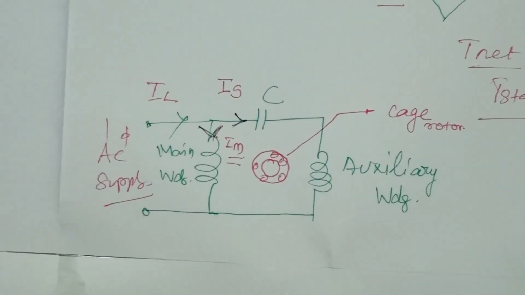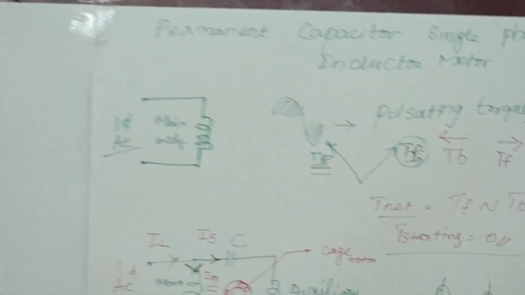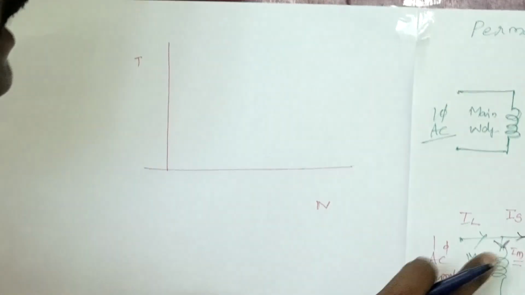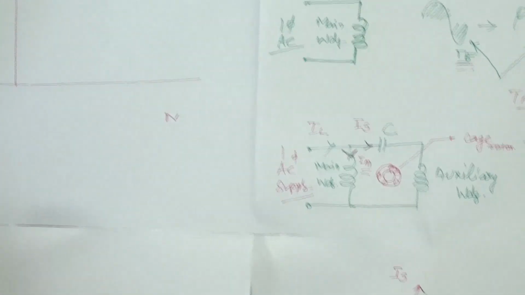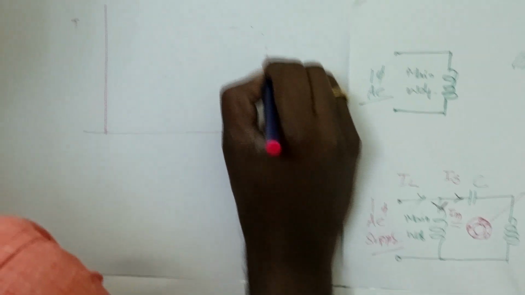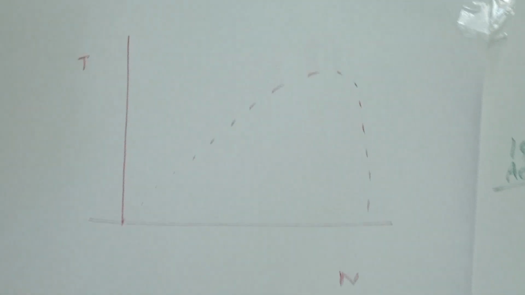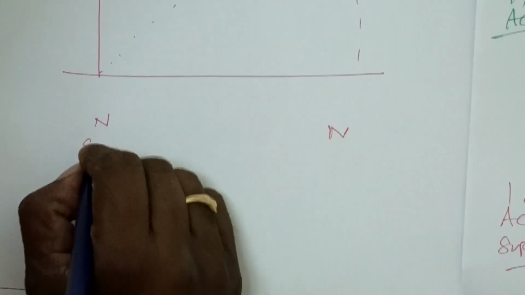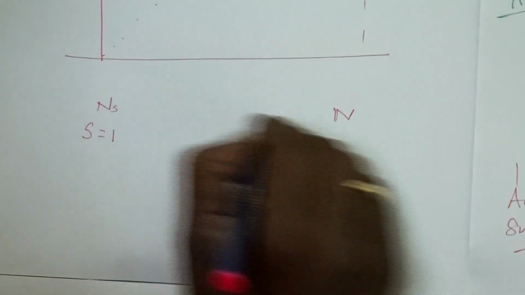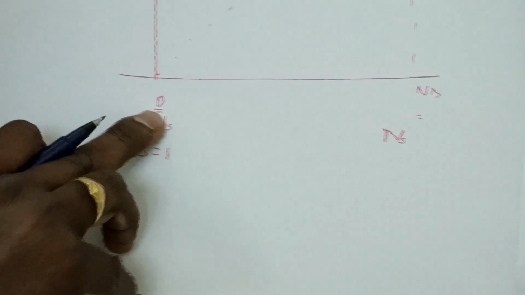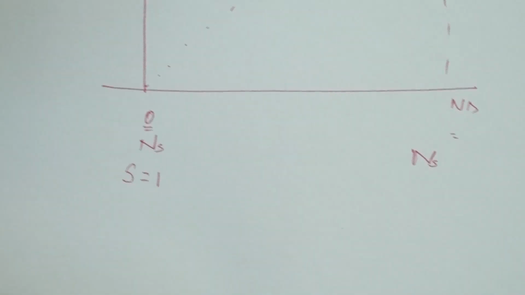When coming to the torque speed curve, since it's a main winding, the single phase motor circuit phasor will look like this because of the resultant of forward and backward torques. At the time of starting, that is when s equals 1, or N equals 0, during the starting period the torque will be 0.